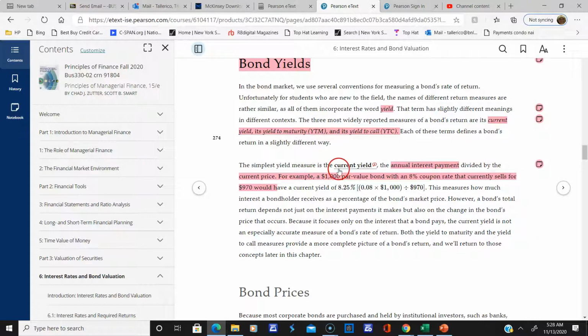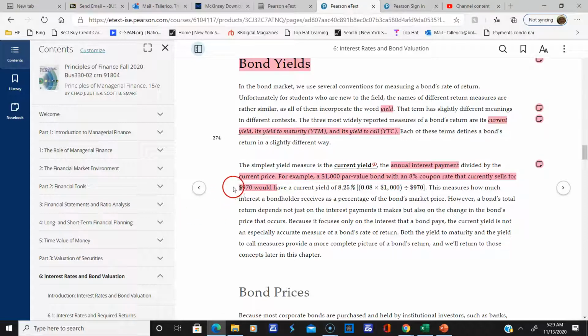So don't ever ask, what's the current price of a bond? It's not what you paid for it. As soon as you buy a bond, the price fluctuates every moment of every day. That's important. So take a $1,000 par value bond, assuming it stays at par, with an 8% coupon rate. That means you'll get $80 a year, or $40 every 6 months.